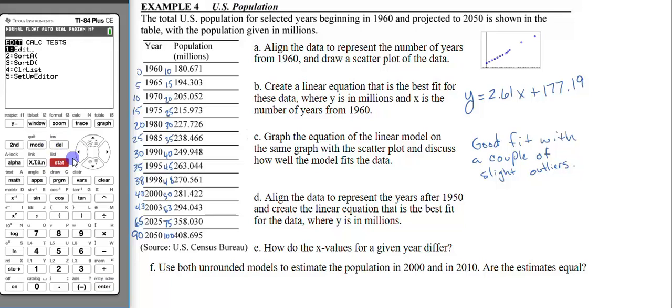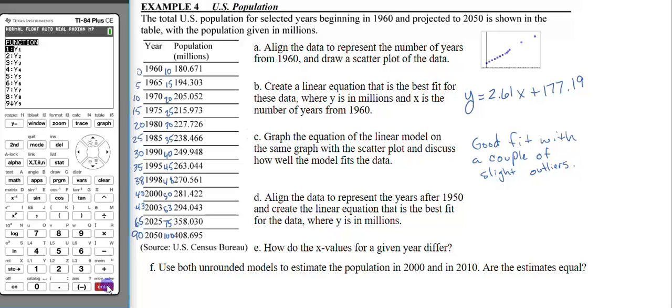Now we can run our regression. So we're going to go to Stat, calculate our linear regression. We're taking our data again from list 1 and list 2. Now we can store our regression equation. Go to Variables, Y variables.